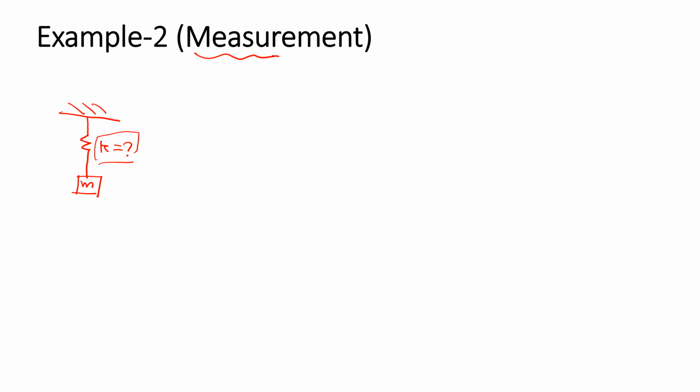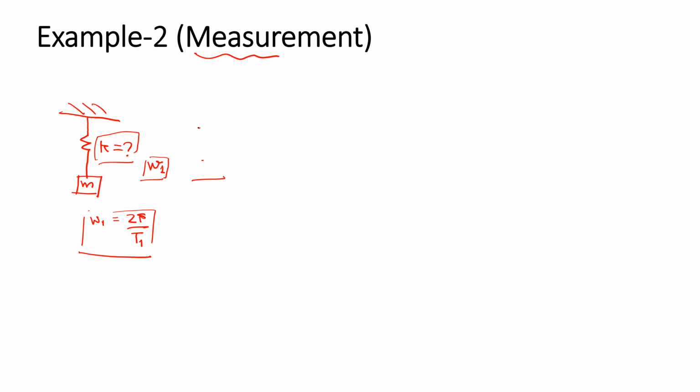We're going to measure the omega of the vibration. Omega is equal to 2 pi divided by the period. If you just make it vibrate and measure the time period, you can obtain the omega of this system.